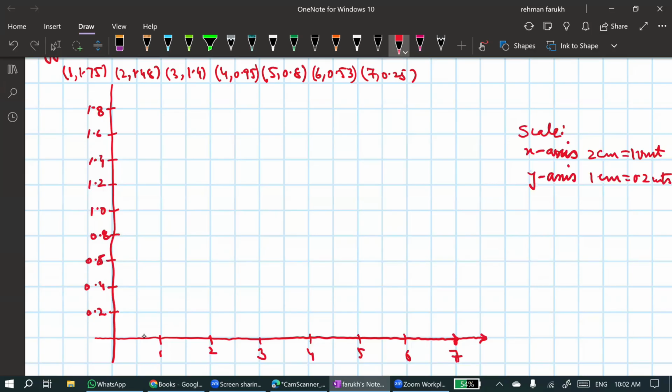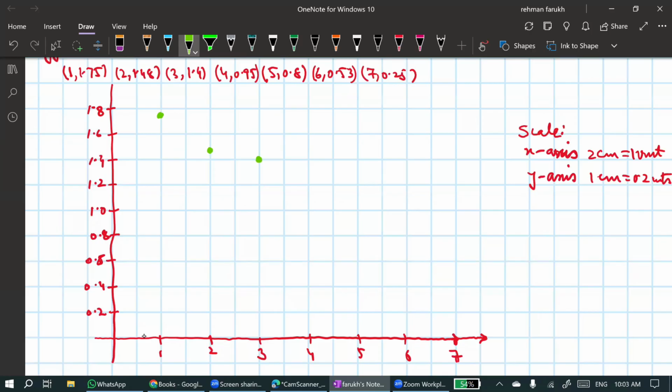Now 1 and 1.75. In the middle, we have 1.7, and 1.75 is at this point. 2 and 1.48, just below 1.5. 3 and 1.4.